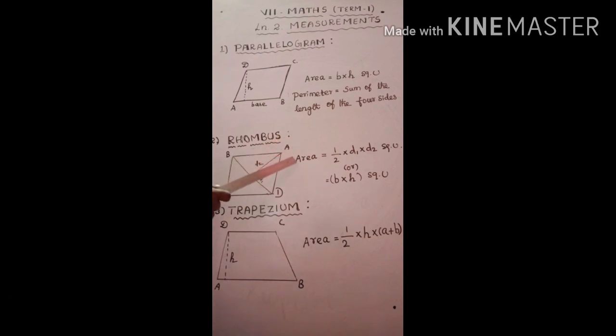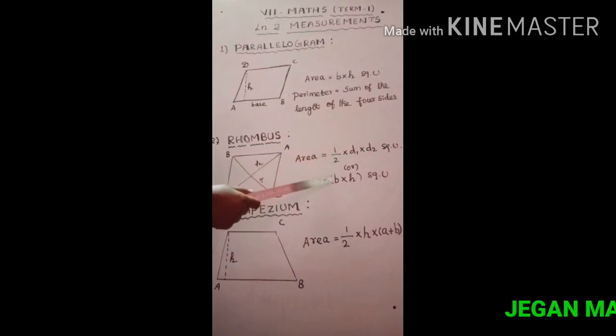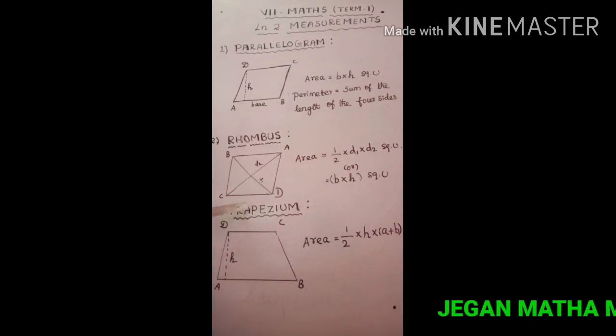So, how to find the area of the rhombus? We use this formula: 1 by 2 multiplied by diagonal 1 multiplied by diagonal 2 square units. The other formula we use is base into height square units. The next, trapezium. A quadrilateral with one pair of parallel sides is known as a trapezium.